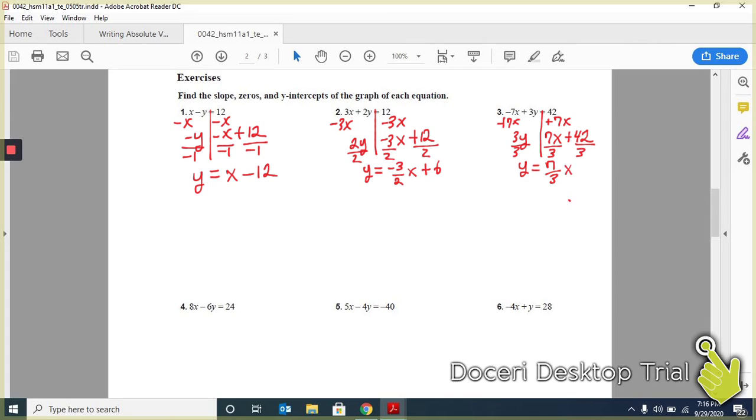Notice how I left this one in fraction form. That's actually what you kind of want on these.